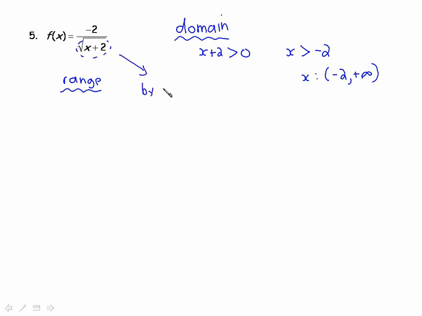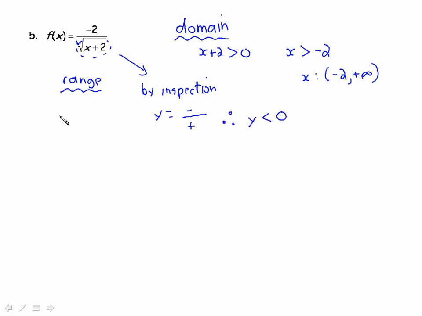And by inspection, in this case, I see the numerator as being negative, because it's negative 2, and the denominator, square root of x plus 2, must be positive, because that's the positive root of x plus 2. So this means that this y value is always going to be negative, a negative divided by a positive. So y therefore must be less than 0.